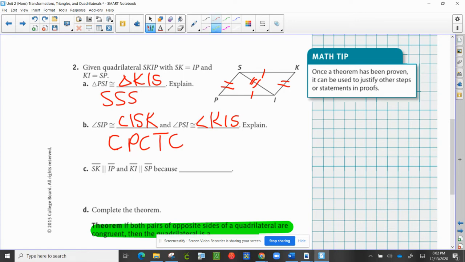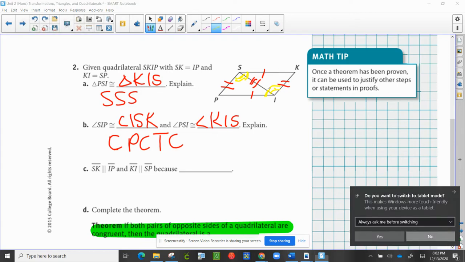So looking at those angles, angle SIP is congruent to ISK, and we also have PSI congruent to KIS. If you're looking at our markings there, it's not the neatest picture, but those are alternate interior angles.